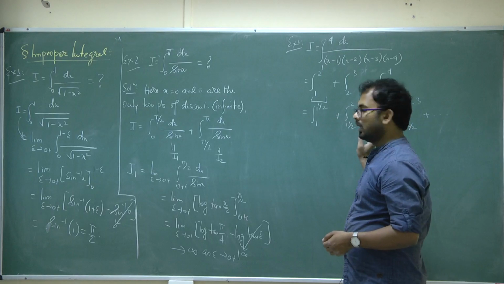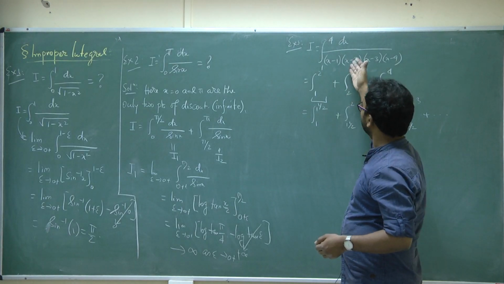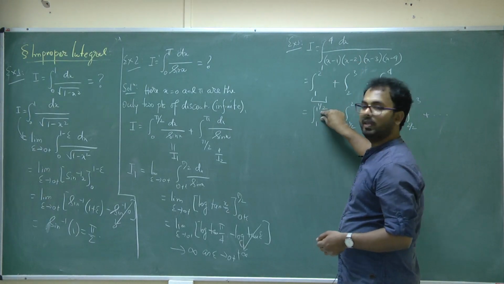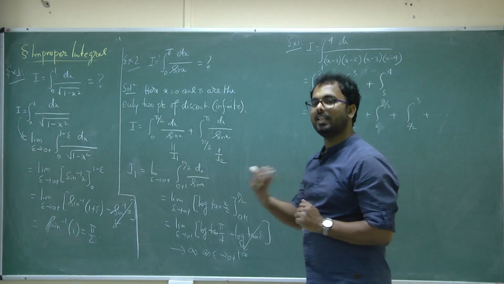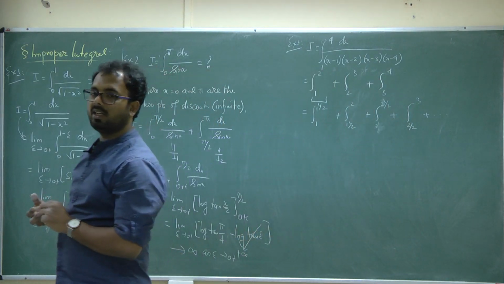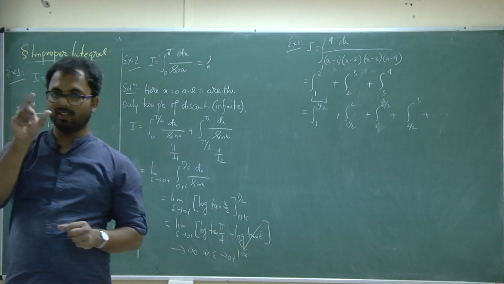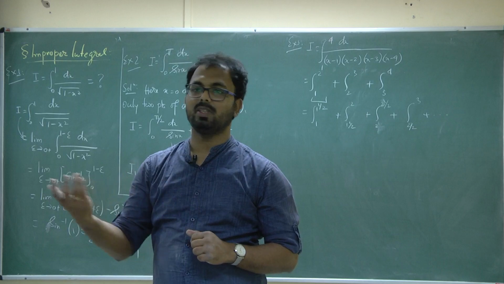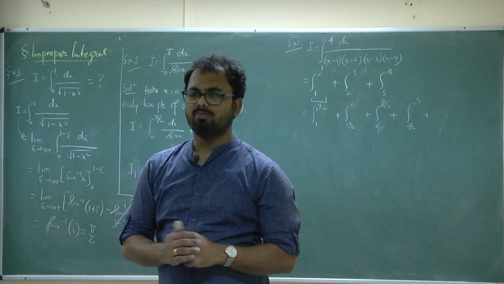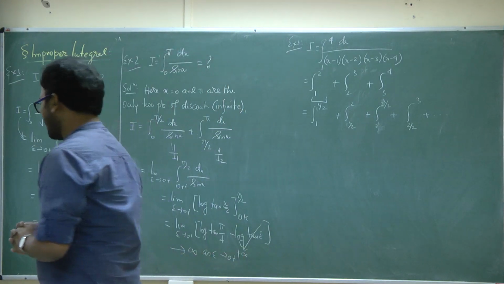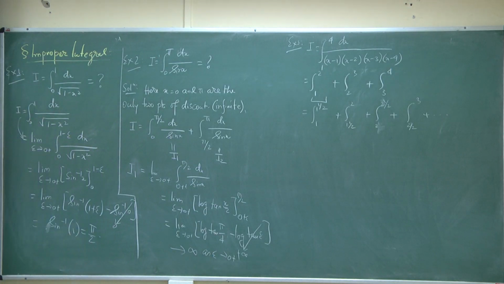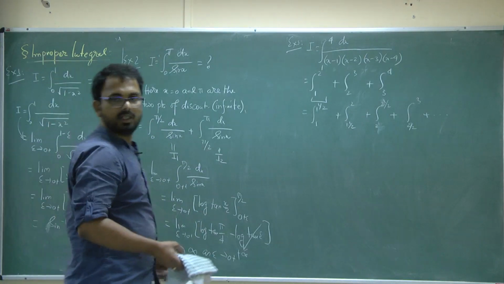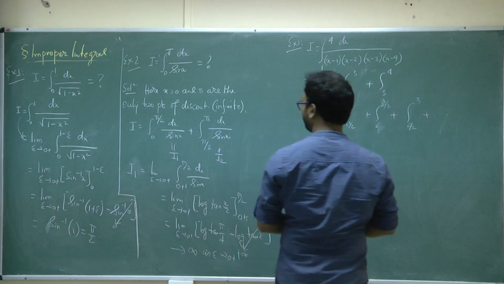It may happen that, let's say, if you have x minus 1.5, then you again have to split this one. So depending on the points of infinite discontinuity, your number of subintegrals will gradually increase. If you can evaluate them, that's fine, but it might be a lengthy process.